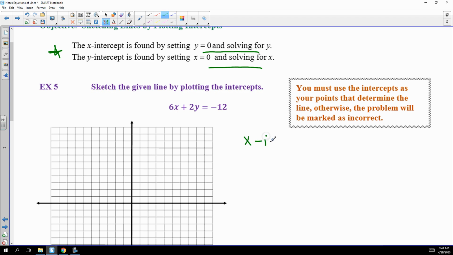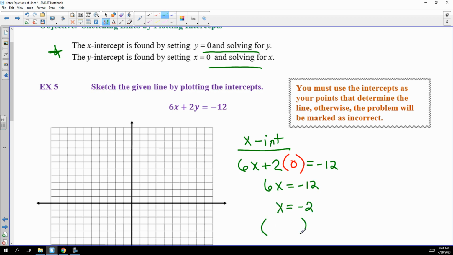So to get the x-intercept, I'm going to say 6x plus 2 times 0, because I have to set y equal to 0 to find the x-intercept, equals -12. 6x equals -12, and x equals -2. That's the ordered pair (-2, 0).